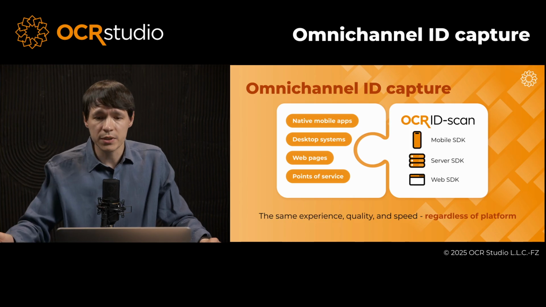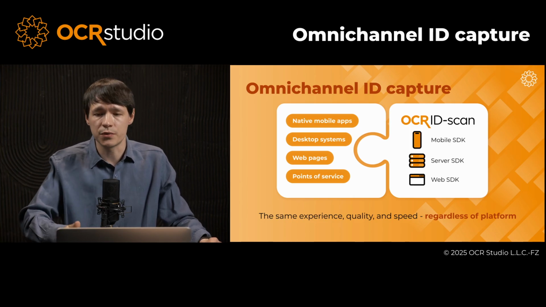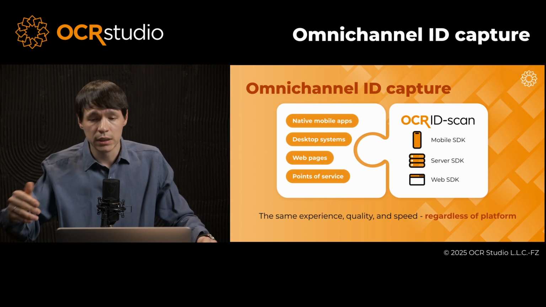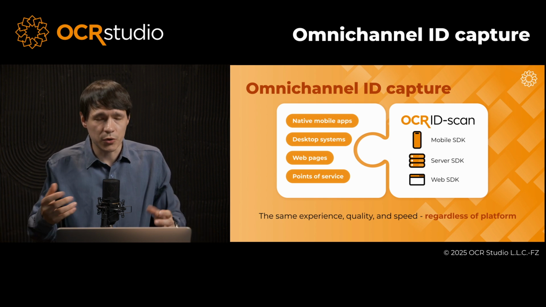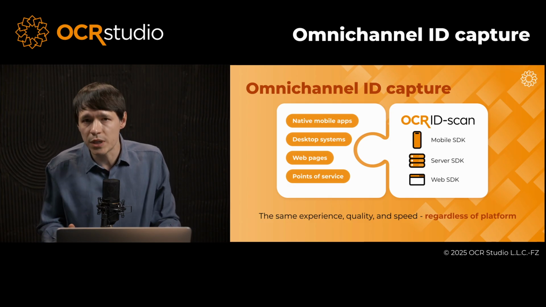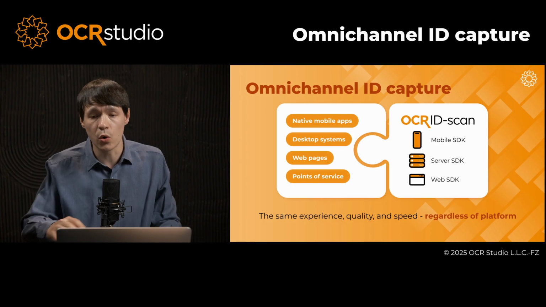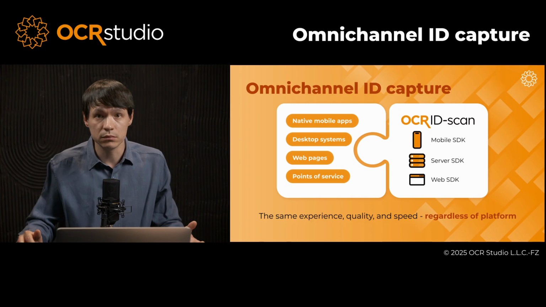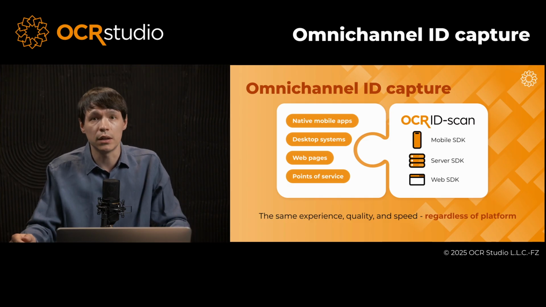It should work wherever your users are and wherever they might need it. Could be on your website, on your on-site point of service, or a self-service kiosk, or in a mobile app. If the process requires presenting an ID, then your user should be able to use ID scanning on all of these channels. And that's exactly what we mean by omnichannel ID capture.